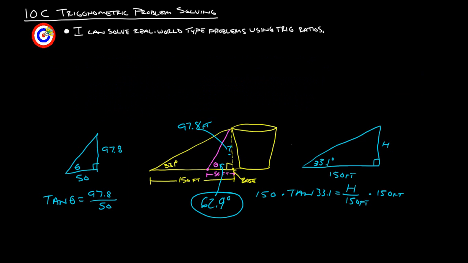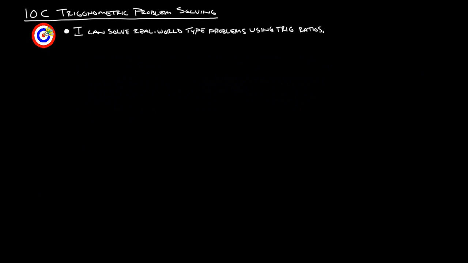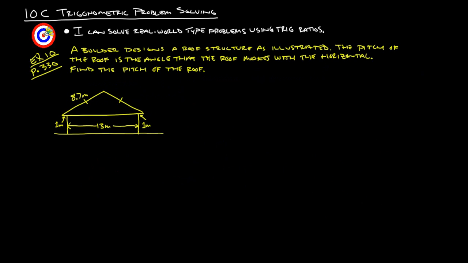All right. One last example is this one. It's example 10 from page 330, and it says a builder designs a roof structure as illustrated. The pitch of the roof is the angle that the roof makes with the horizontal. Find the pitch of the roof. So what we're looking for is this angle right in here.